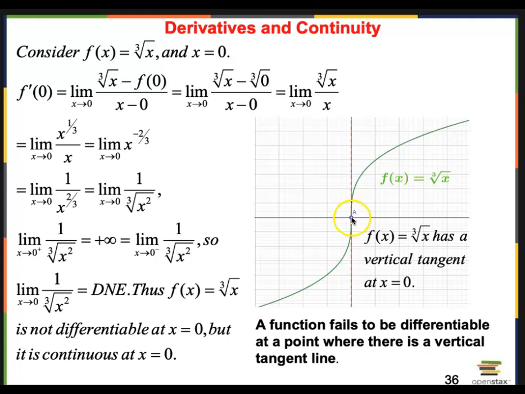Right here, this ends up being a vertical tangent, and these are sometimes hard to figure out. The function fails to be differentiable at a point where there's a vertical tangent line. So that would be a vertical tangent line at this point. And what's the slope of a vertical line? It's undefined, and that's what we're seeing here: as far as a real number, the limit doesn't exist.